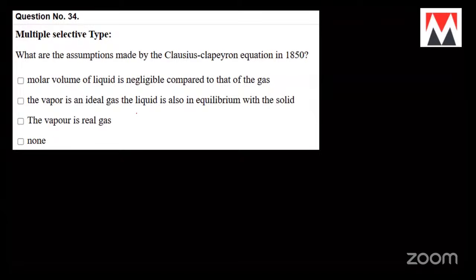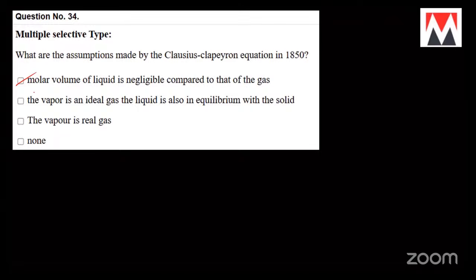What are the assumptions made by Clausius-Clapeyron in 1850? The molar volume of liquid is negligible compared to gas. This is true. The vapor is an ideal gas, and the liquid is also in equilibrium with the solid.